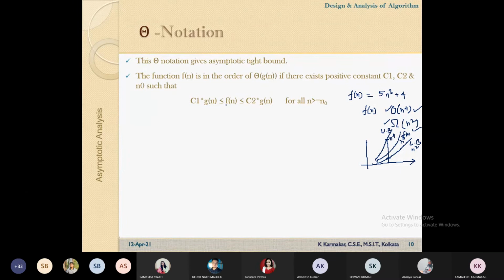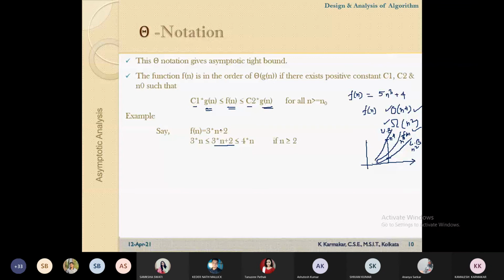If a function is given, we will try to find g(n) such that the constants c1 and c2 help to reduce the gap between the lower bound and upper bound. So if I take the previous example, f(n) is greater than or equal to 3n and less than or equal to 4n.